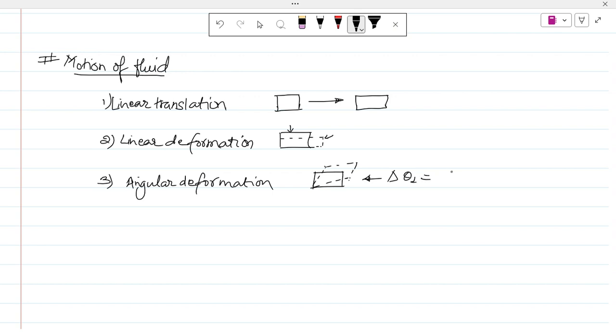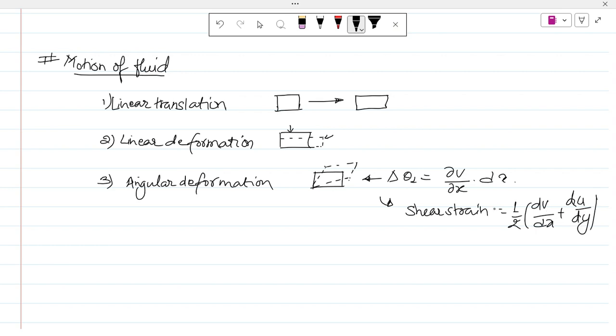This translation is dx times dx. And in this specific case, we have our shear strain rate. Shear strain is half of dv upon dx plus du upon dy. This is our shear strain. This is our angular deformation, that angle theta.